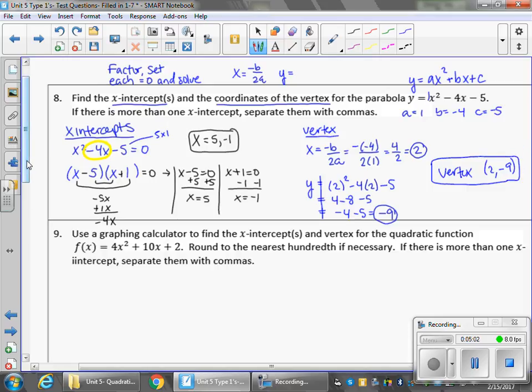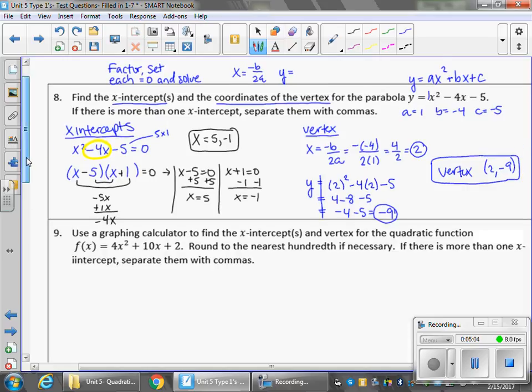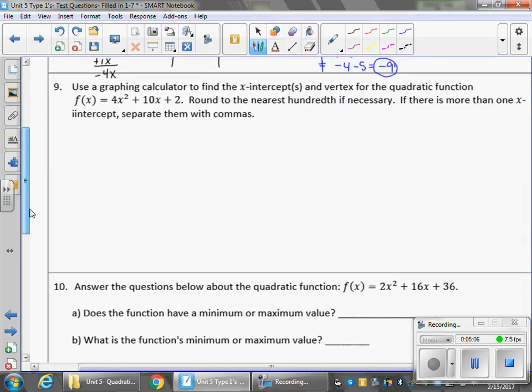Done. Okay. Number 9. Use a graphing calculator to find the x-intercepts and vertex for the quadratic function. That's the function. Round the answer to the nearest hundredth. So remember, nearest hundredth is 3 decimal places.